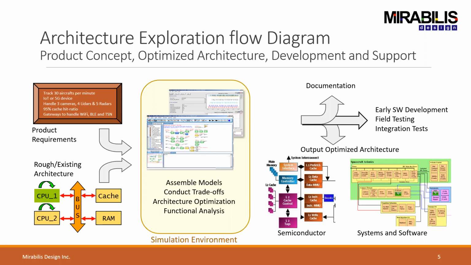And it can be both at the semiconductor level, embedded systems, and software level. And finally, it provides a platform for starting to do early software development, field testing, integration testing, and a variety of other requirements that come along the product development flow.